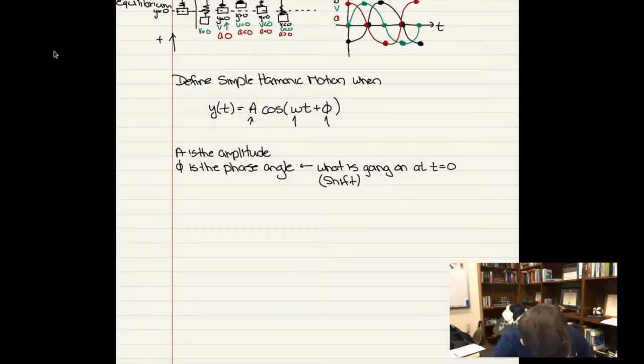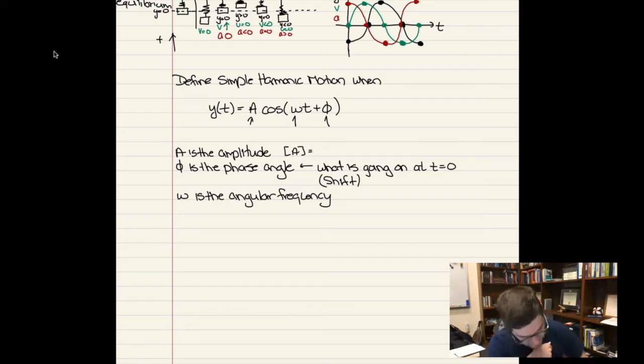Then there is omega, which we used to call the angular velocity. In the case of oscillating motion, we call it the angular frequency. I guess I should also go back and talk about the units of these things. So the units of A, if you're talking about actual motion, might have units of length.